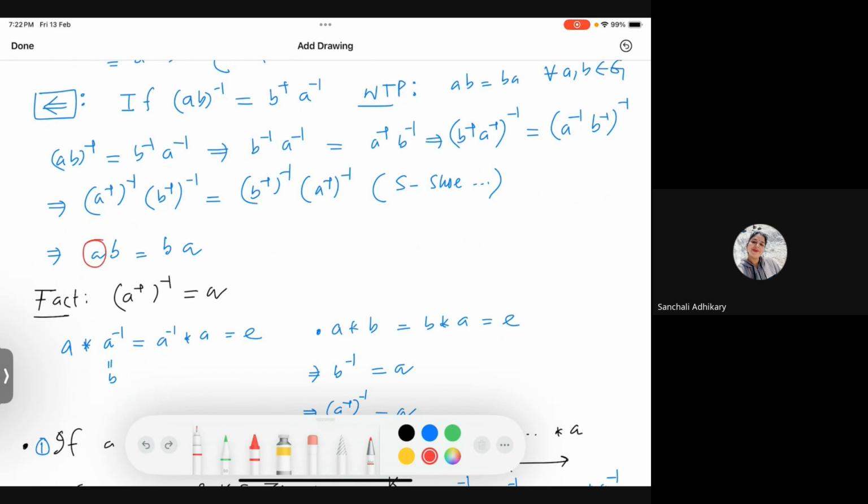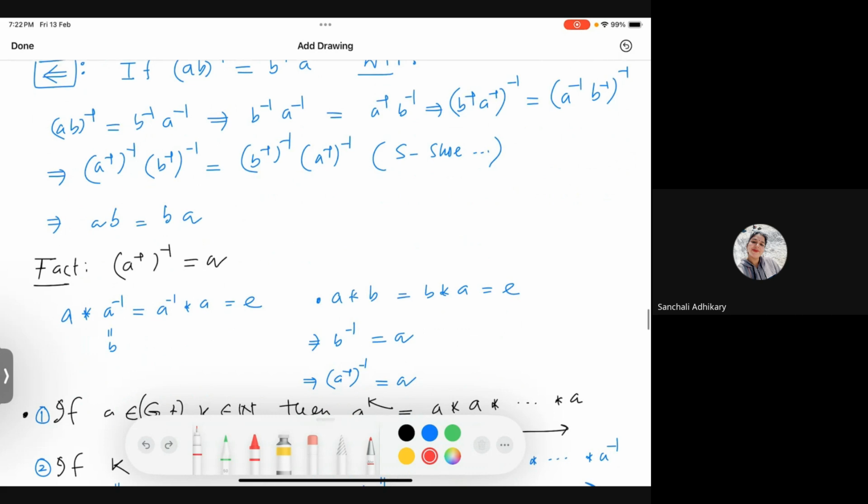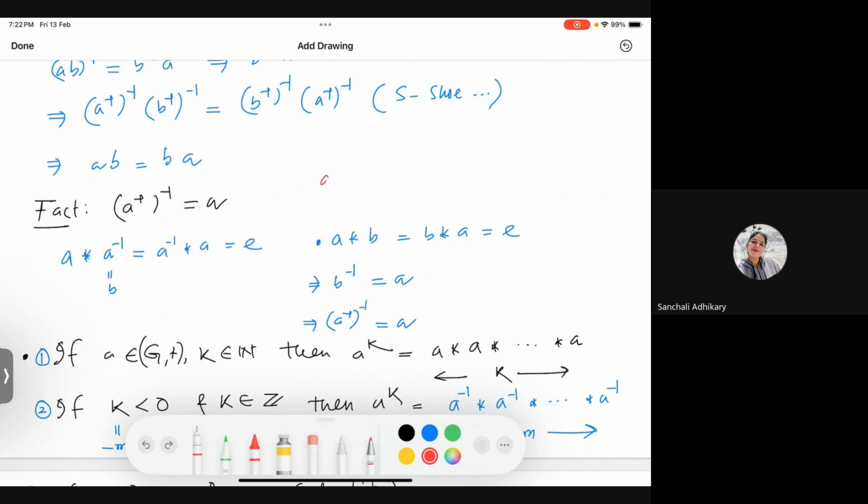So we are done. Now the question is, why is the inverse of A inverse equal to A? Can anyone explain? Treat A inverse as B. Now I actually want to know the inverse of B. But I know A star A inverse is equal to A inverse star A is equal to identity.